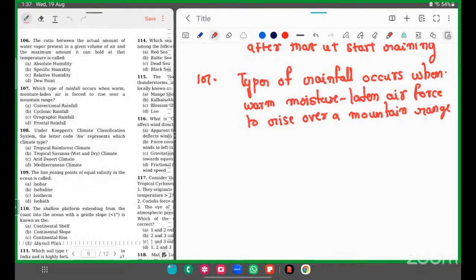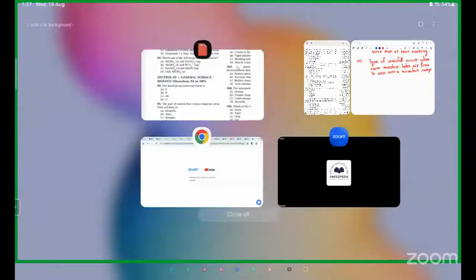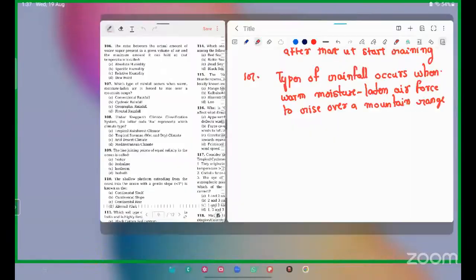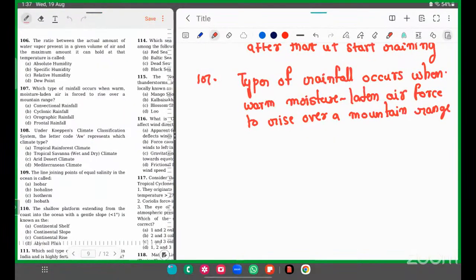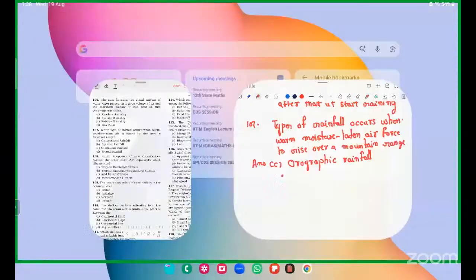Answer is orographic. Answer C, orographic rainfall. Let's write the definition as well.